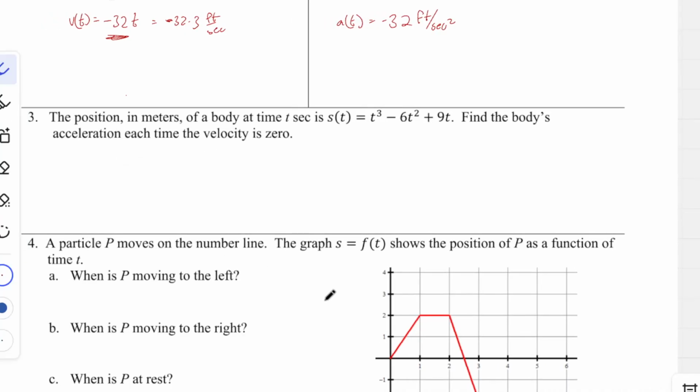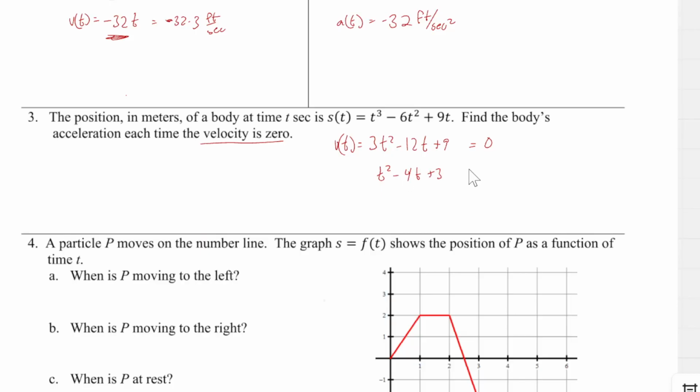Velocity at 0. So this is getting more difficult, I guess. It's calculus, so pretty much always taking the derivative. And they said when the velocity is 0, so set that equal to 0. A 3 factors out, and it's factorable.